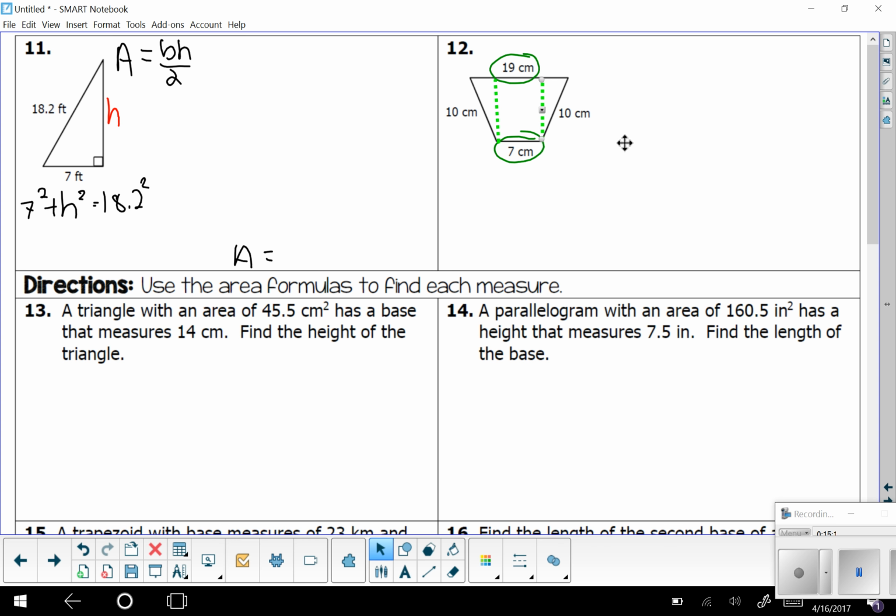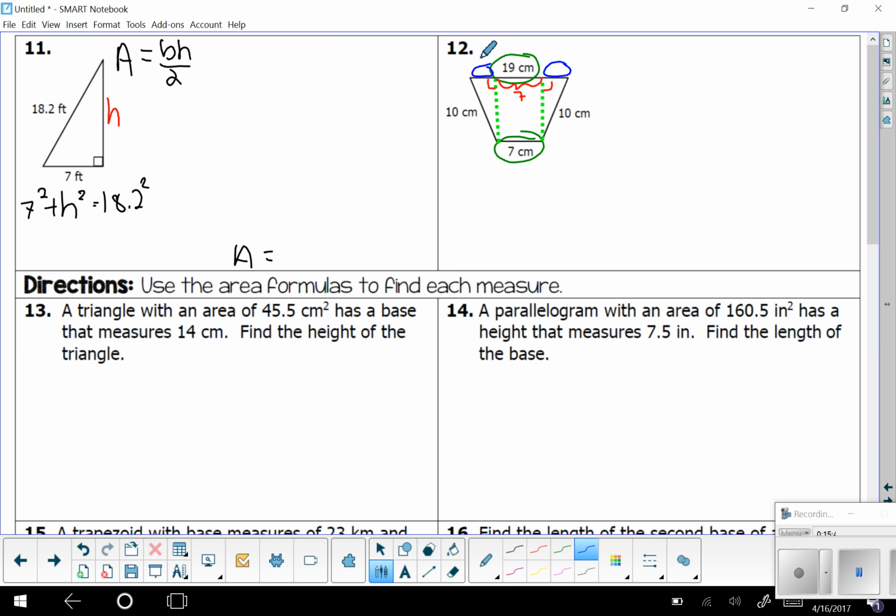So that gives us a 90-degree angle right here, and it gives us one over here too. And if this right here is 7, this whole thing is 19, then what would this be? It's the same over here too.